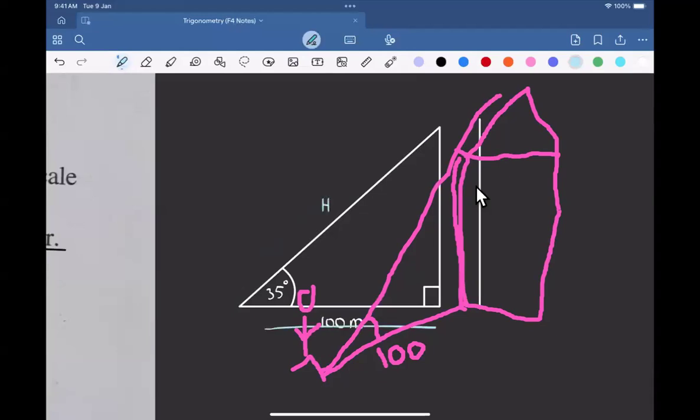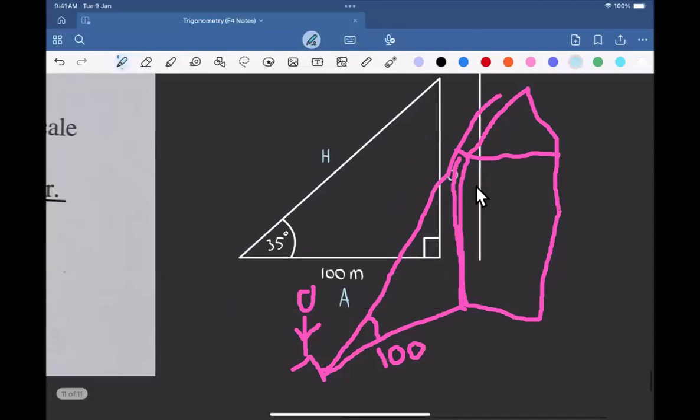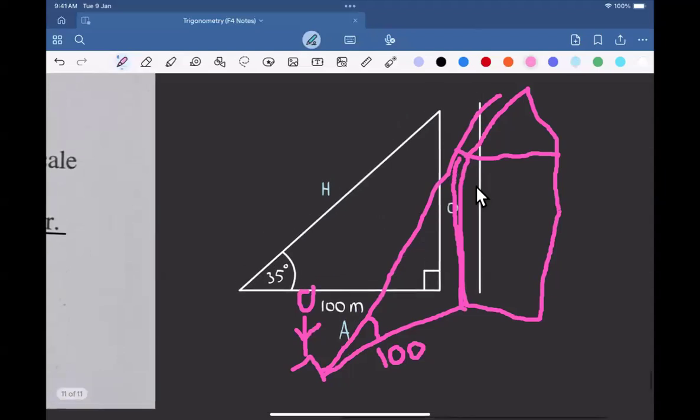What will we call this? It's next to the angle, so we'll call it the adjacent. And this side, the height, is the opposite. It is the height, but we'll call it the opposite. Now we go into underlining what we have and what we're trying to find.